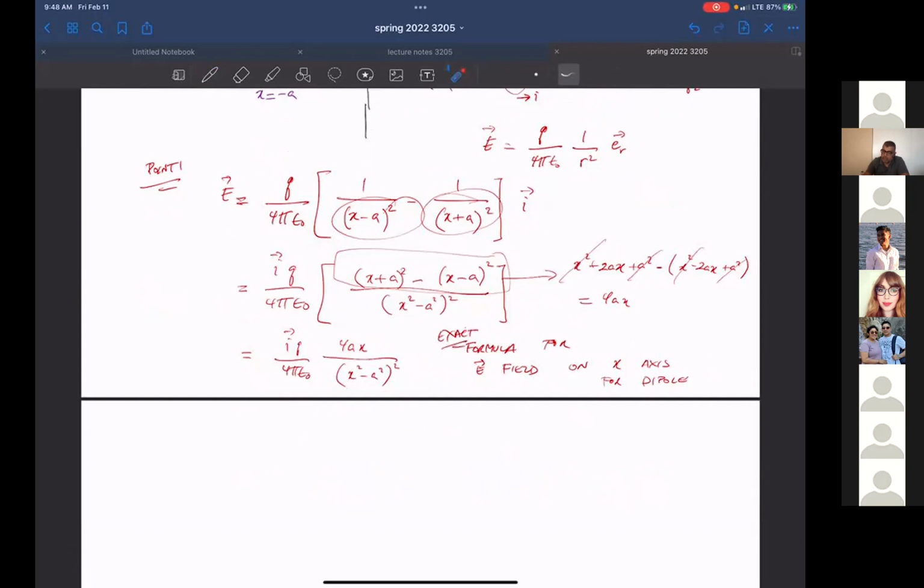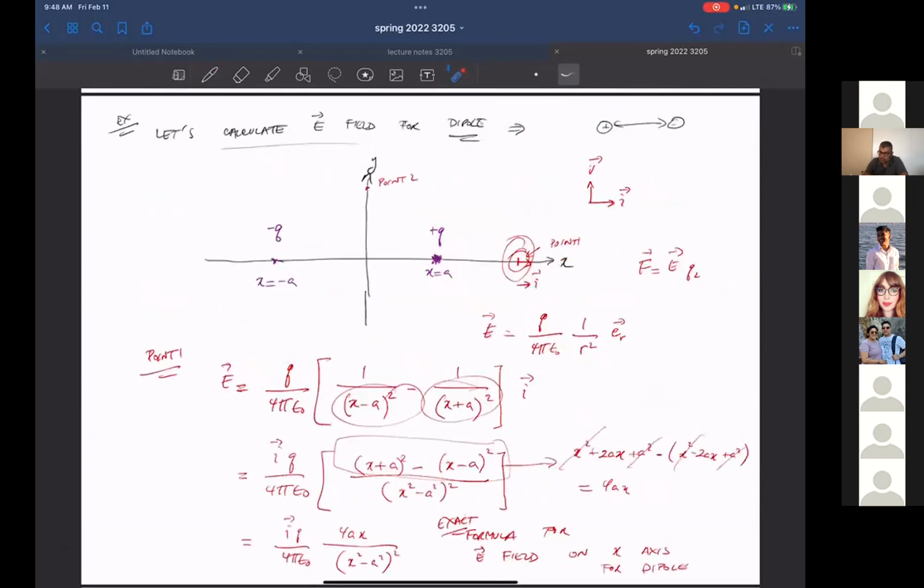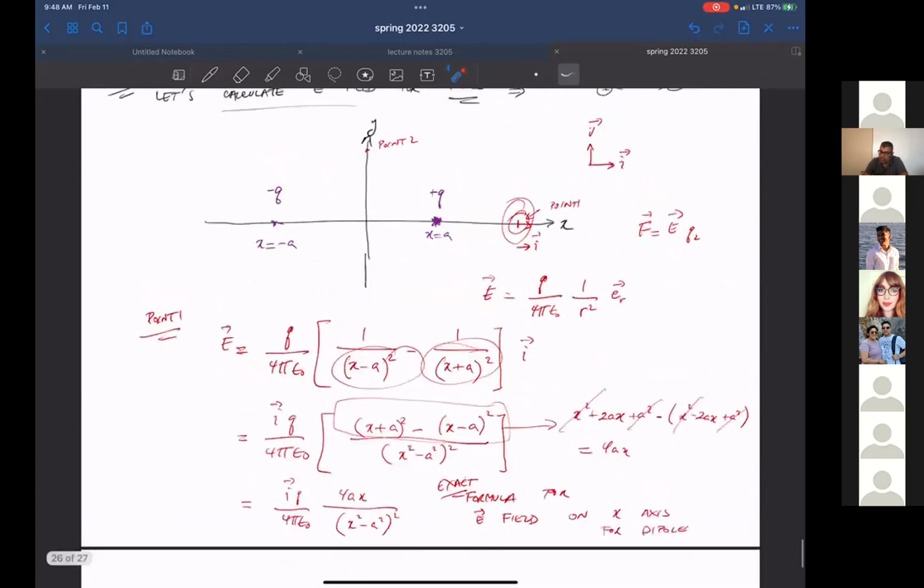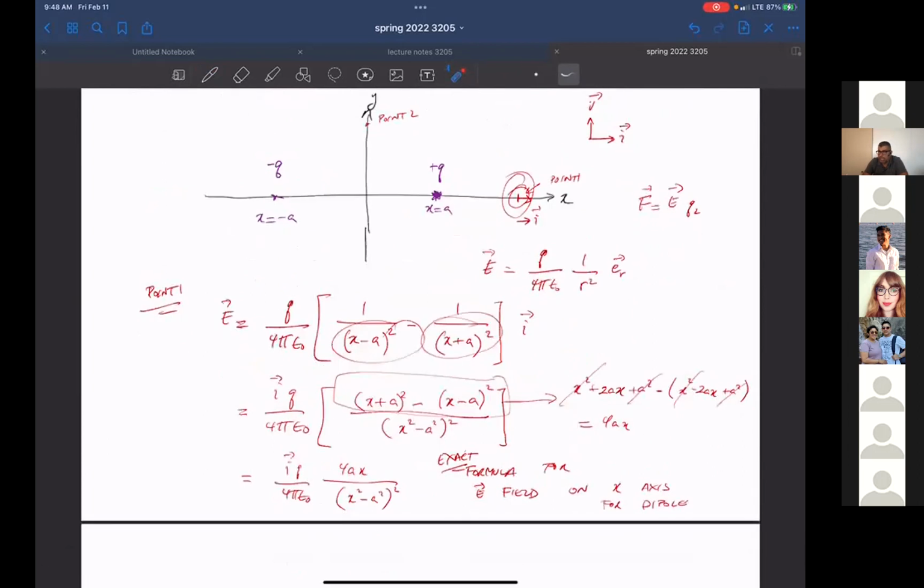Mostly, the reason we're doing this is that I'm trying to demonstrate a couple of things. One of them is how the vector summation works. Of course, like I mentioned, we're picking an easy point because it's on the same line as the dipoles.